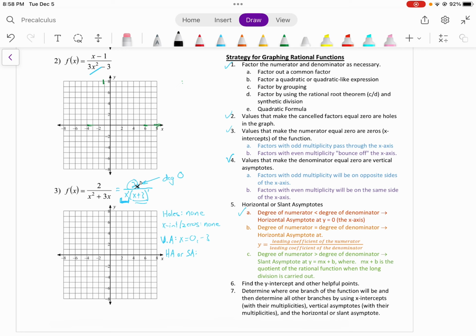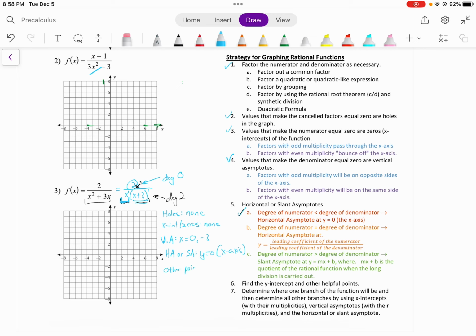So degree 0, and in the denominator, we can look here, or if you multiplied this out, this would be degree 2. And so it does fit part A, and so we know that y equals 0, which is the x-axis, is a horizontal asymptote.